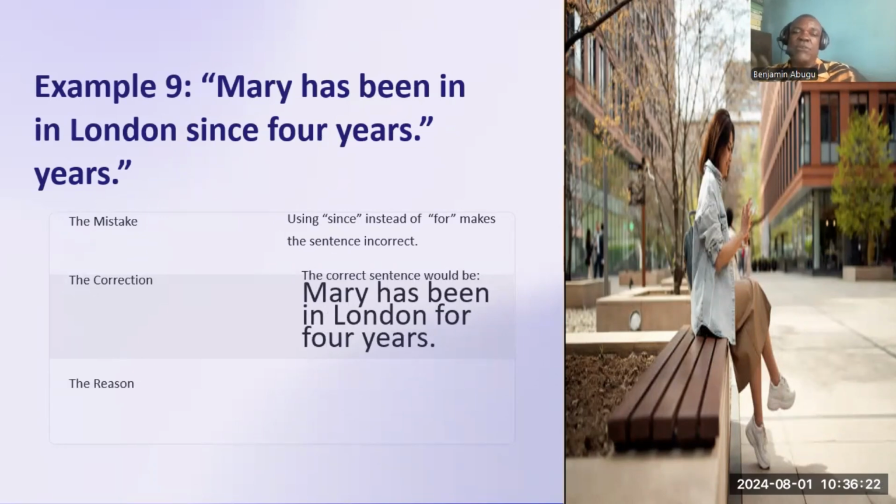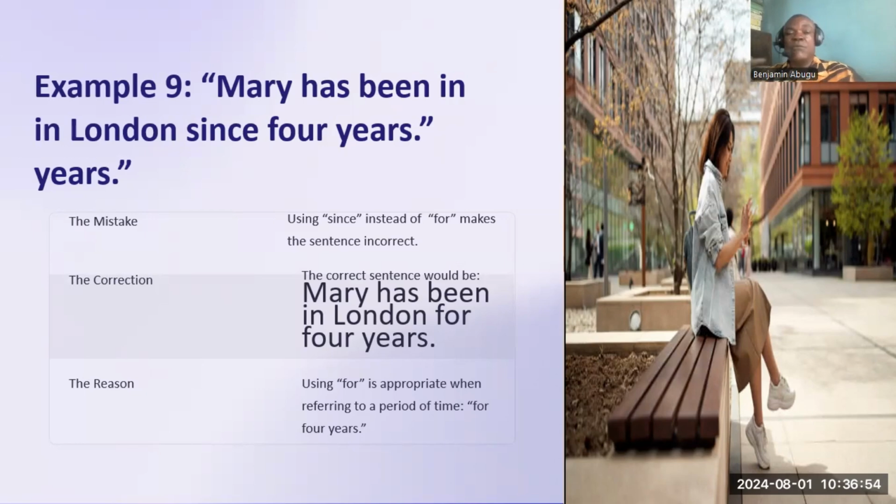Now, the grammatical explanation is that you use for when referring to a period of time. Okay? For 4 years, a period, you use for. For a given period of time, like for 4 years, for 4 hours, for 4 months, you use for instead of since.